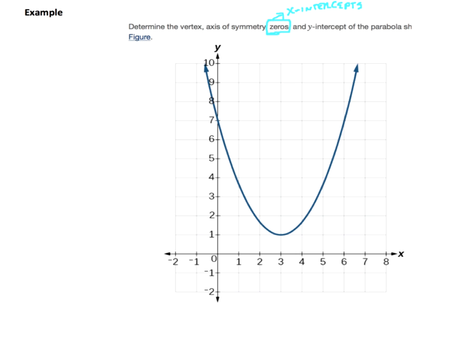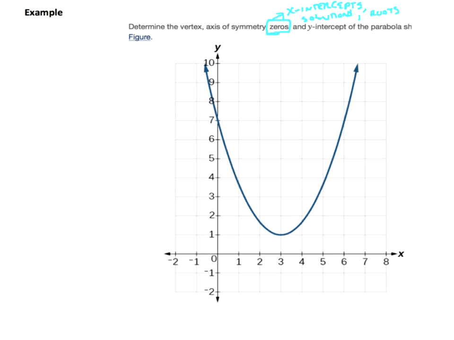You have an output of 0 there. So they're called zeros, they're called x-intercepts, they're called solutions if you're dealing with an equation, and they can also be called roots. So you may hear any of those 4 words when it's referring to the x-intercept. And then it also says to locate the y-intercept.